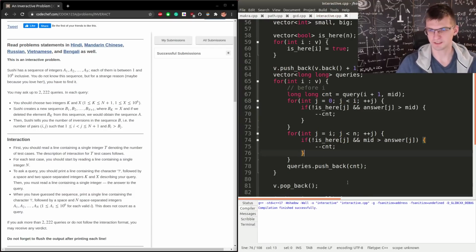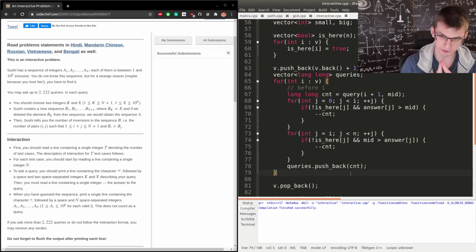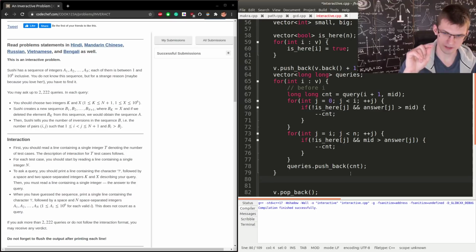I think that's it. Now for two consecutive values, if they are equal, then I exactly got the value right, and otherwise, depending on the comparison, it's small or big.